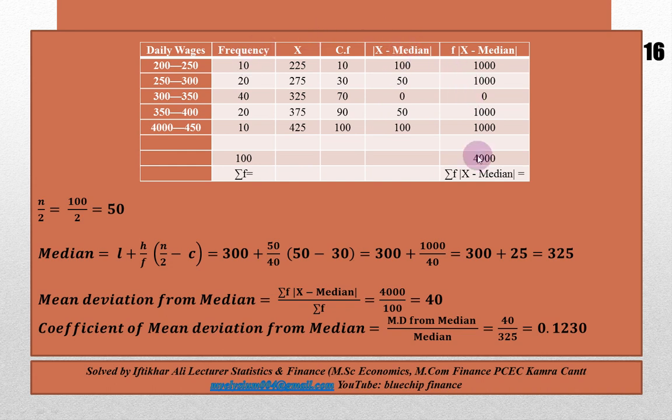So here the total is 4000, and sum of f equals 100. So the mean deviation from median will be 40. Now we calculate the coefficient of mean deviation from median, which equals mean deviation from median divided by median, so 40 divided by 325, and the answer will be 0.1230.